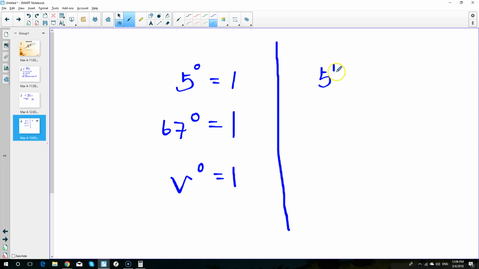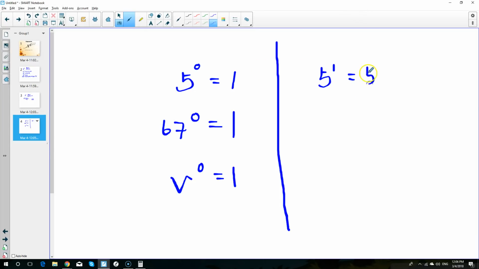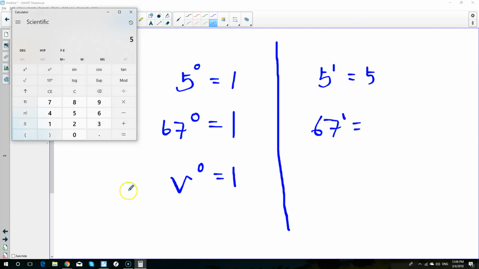We never really talk about the power of 1. So 5 to the power of 1 is just 5 itself. I can do 67 to the power of 1, and we can check it. 67 to the power of 1, 67.